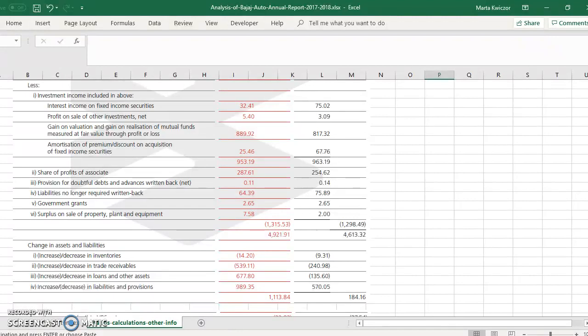So think about it. That's something the company is generating every year. Plus, they already have that cash. What this means is they can pay dividends, they can reinvest. But thankfully they're not reinvesting in some other bad businesses. They're constantly generating about 4,700 crores every year at this rate.